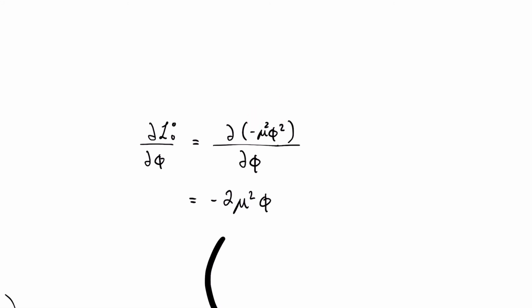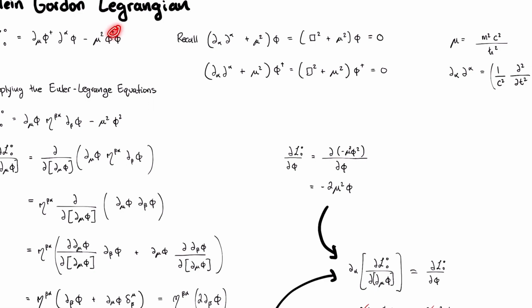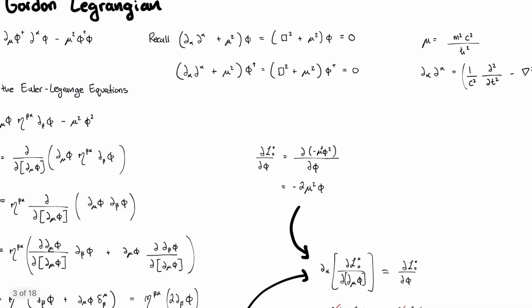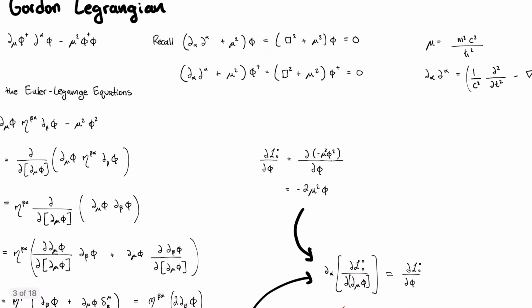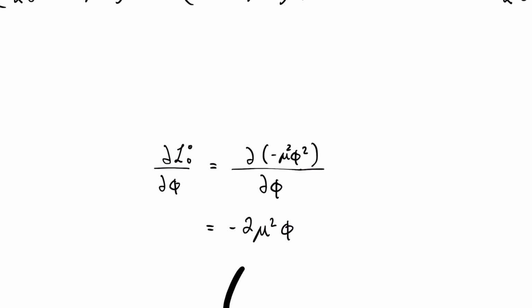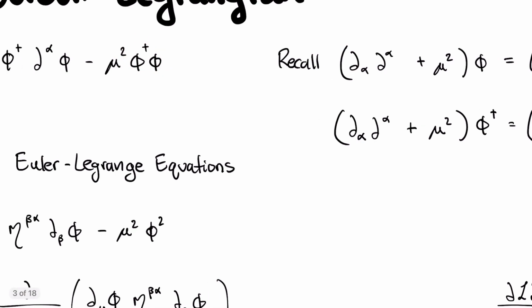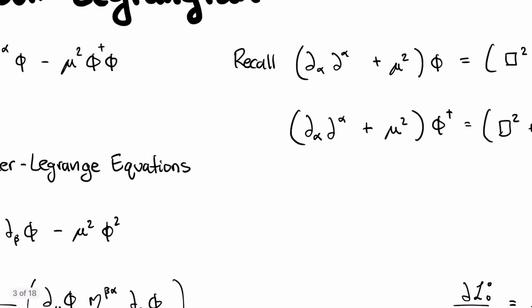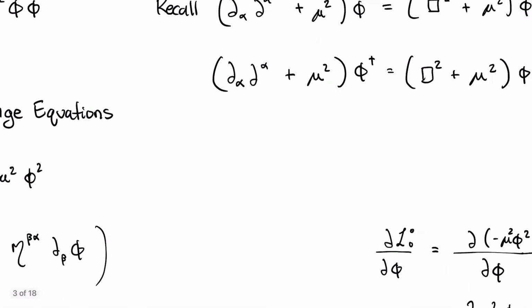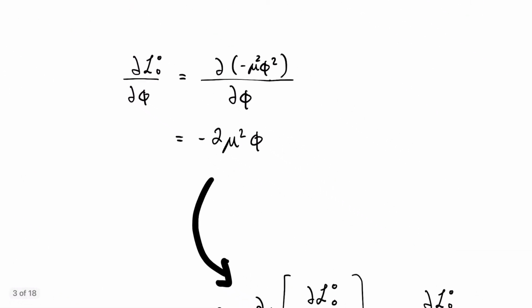This is calculus, right? So we get this. And the reason we don't have this right here is because these two theoretically should be the same if we're dealing with a real scalar field, right? If it's complex, then it's going to be different. But we're doing a real scalar field for right now.